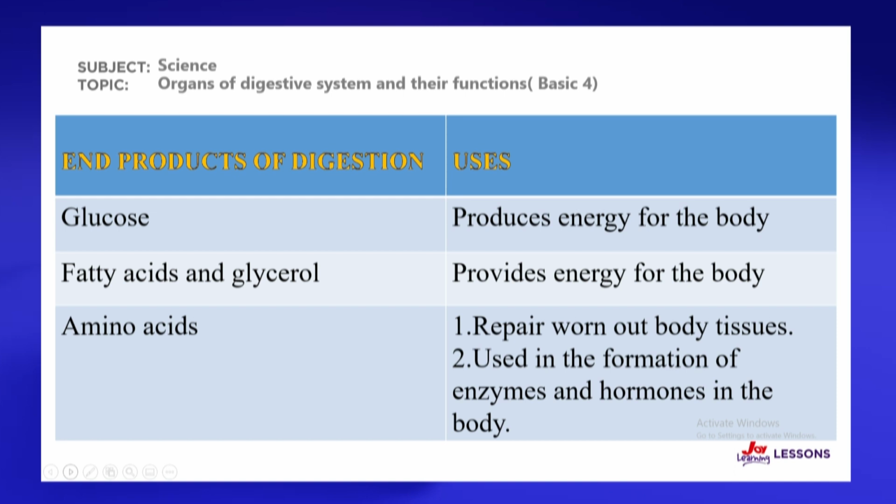So glucose produces energy for the body. Fatty acid and glycerol provide energy for the body. Amino acid repairs worn out body tissues and is used in the formation of enzymes and hormones in the body.